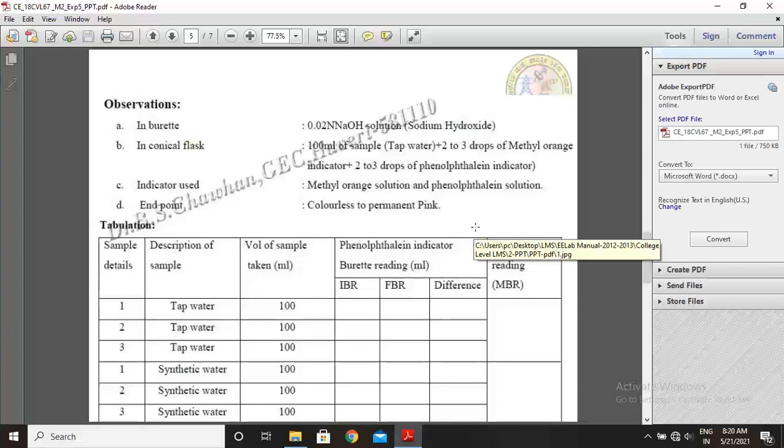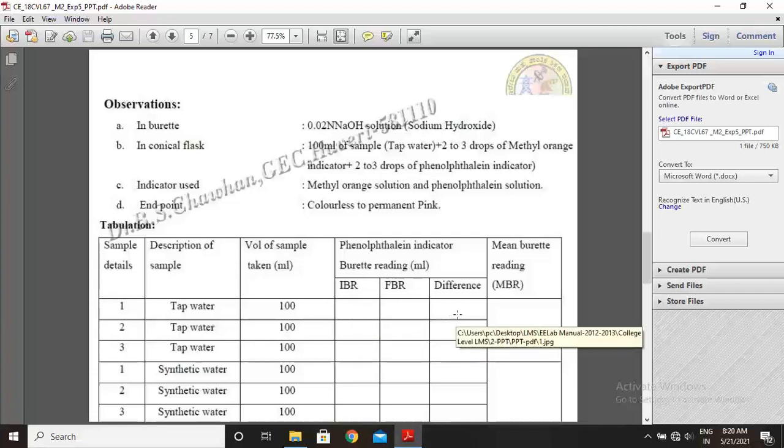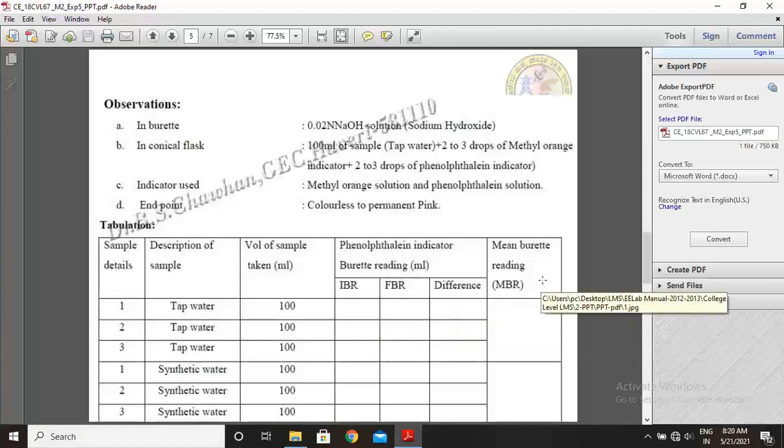These are the observations. Now, how to enter the readings in the tabular column. In this tabular column we have serial number, sample details, description of sample, volume of sample taken in ml, and the burette readings in mLs: IBR, that is initial burette reading, FBR, final burette reading, then the difference, and the mean burette reading, MBR in ml.